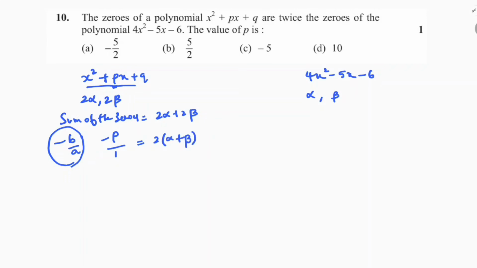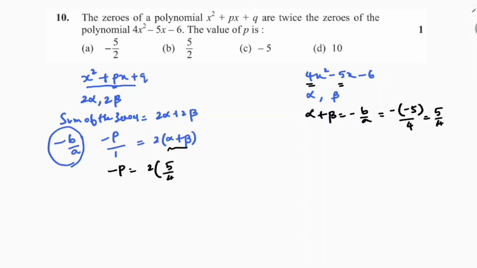Alpha plus beta, which is minus b by a, where a is 4 and b is minus 5, is minus of minus 5 by 4, that is 5 by 4. So minus p equals 2 times 5 by 4, which is 5 by 2. So the value of p is minus 5 by 2. So the correct option is A.